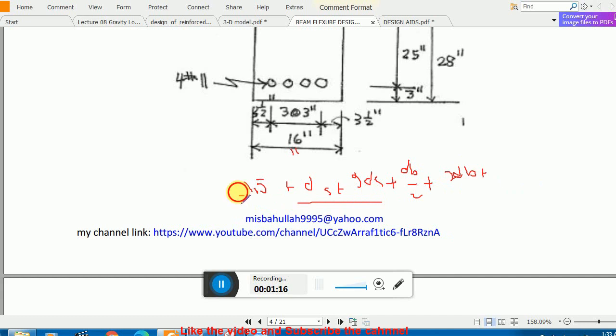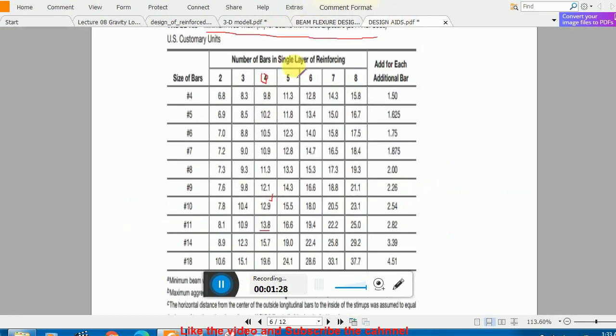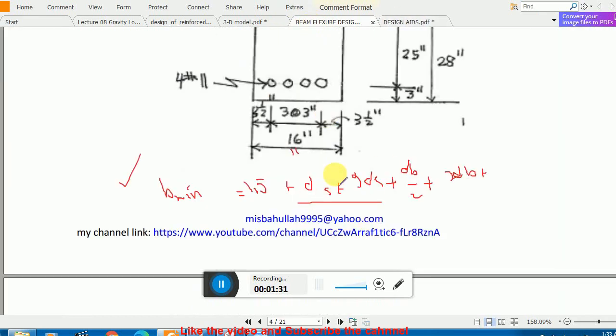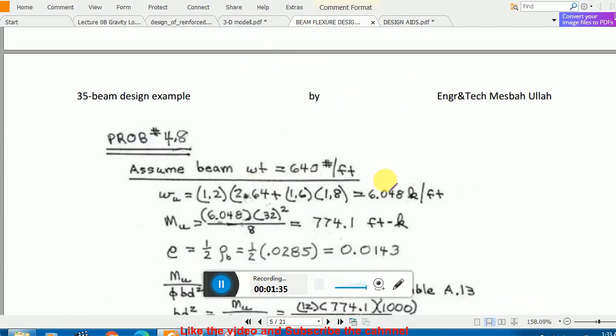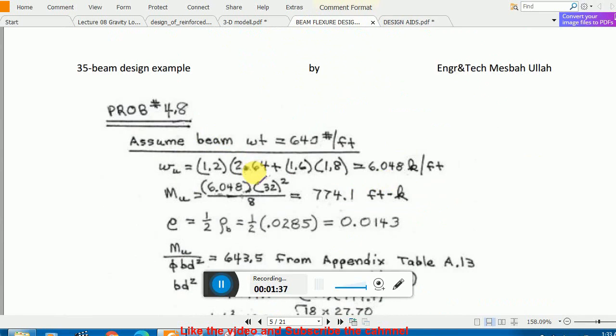So it will also give you the minimum width. Please go to the McCormac book, where in the initial stage I shared this equation. If you don't have this graph, you can use it manually from this equation. The next example is this one, this is 4.8.